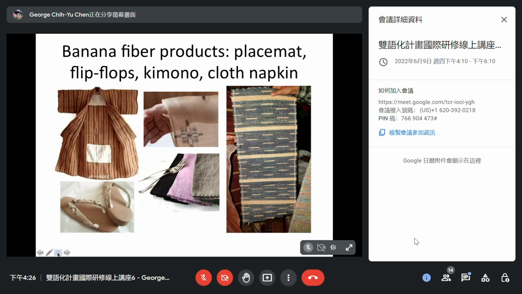And remember, banana fiber can also be blended with cotton or wool to make blankets, carpets, and rags. So its use is quite wide and versatile.